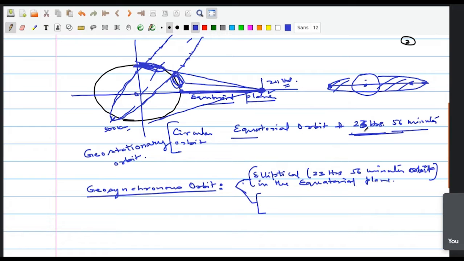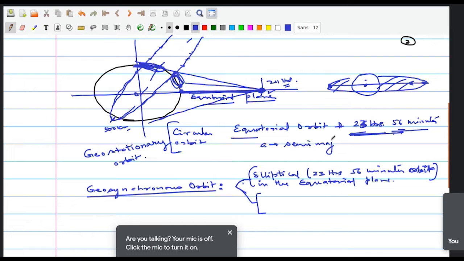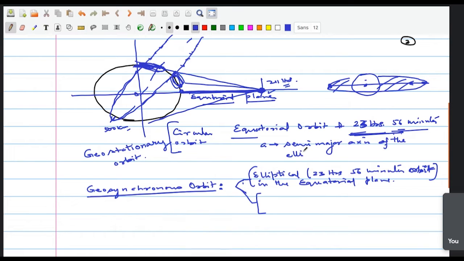And because the period is 23 hours 56 minutes, the semi-major axis A of the ellipse, A is the semi-major axis of the ellipse.